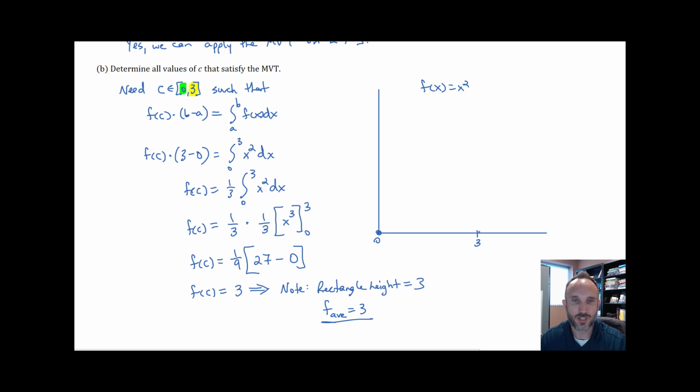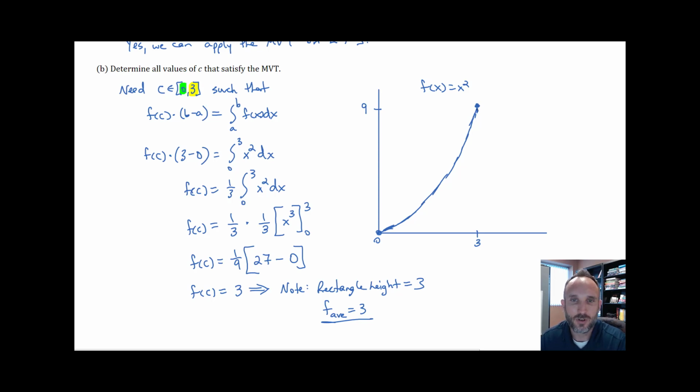If x is 3, y is 3 squared, which is 9. So that's up here. And we know that this is a parabola, right? We could plot one, if x is 1, y is 1, if x is 2, y is 4. But basically, it curves like this, right? So we're looking at this guy here.